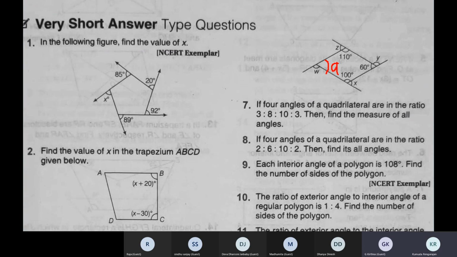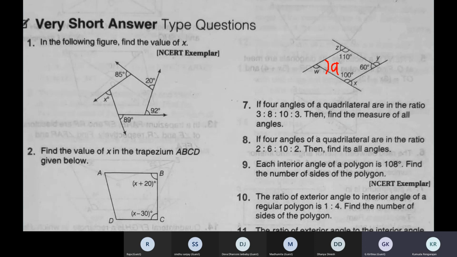With that, you can find what? 270 plus A is equal to 360, ma'am. So A is equal to 360 minus 270. Yeah. A is equal to 90. Yes, ma'am. Very good.